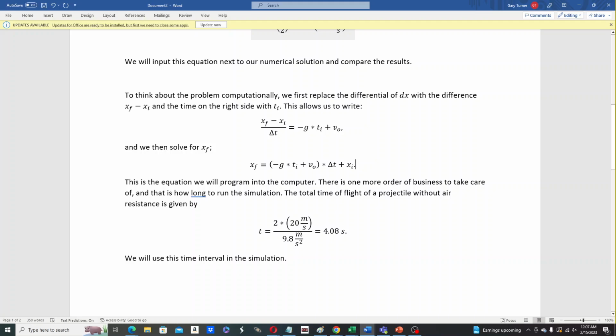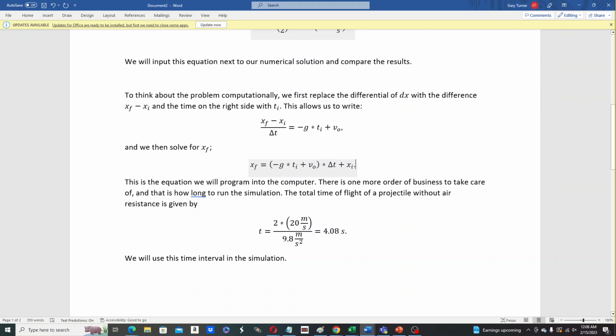So remember that Python indexes from 0. So initially, the very first run through this, my final position is going to use the t0 element for my time and the x0 element for my position.